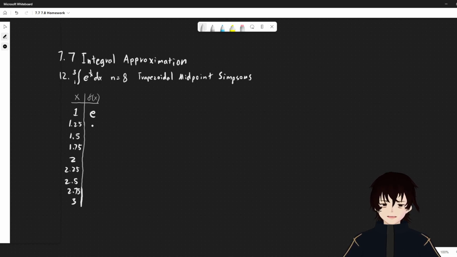Plugging 1 will get e. Plugging 2, oh my god. 5 over 4. e to the power 4 over 5. e to the power of 2 over 3. e to the power of 4 over 7. e to the power of 1 over 2.